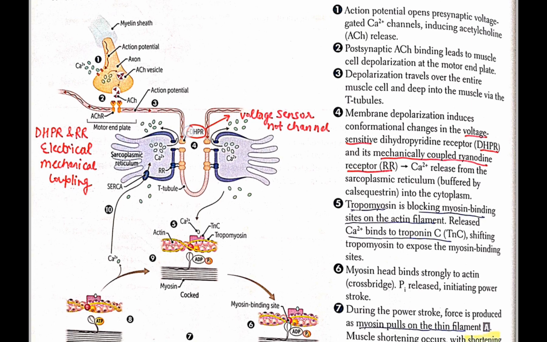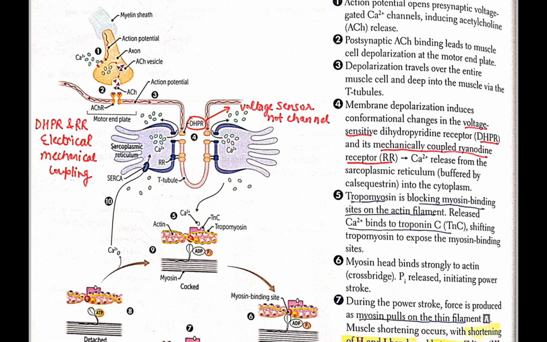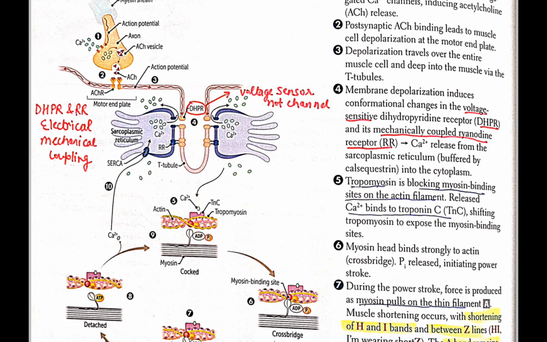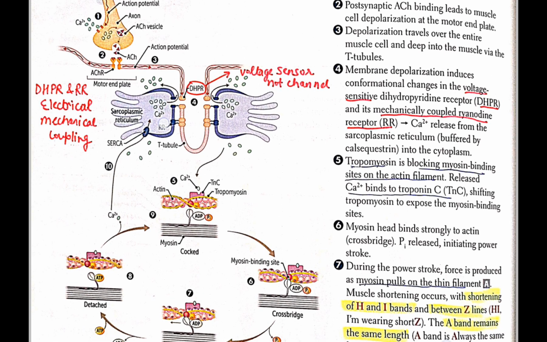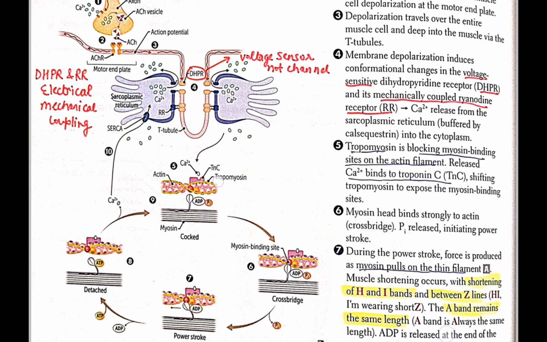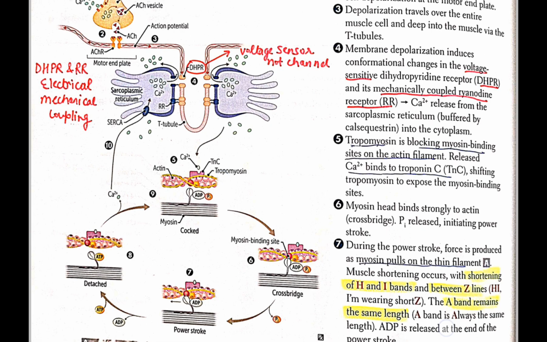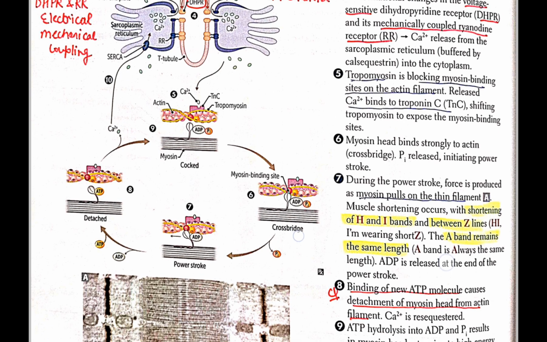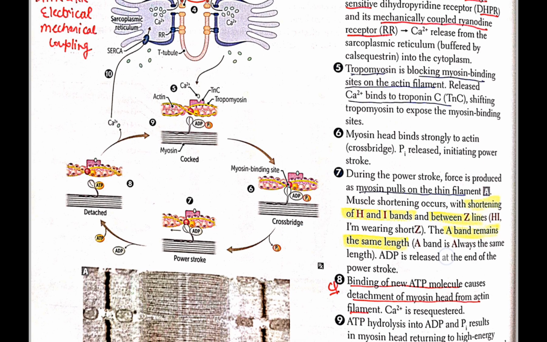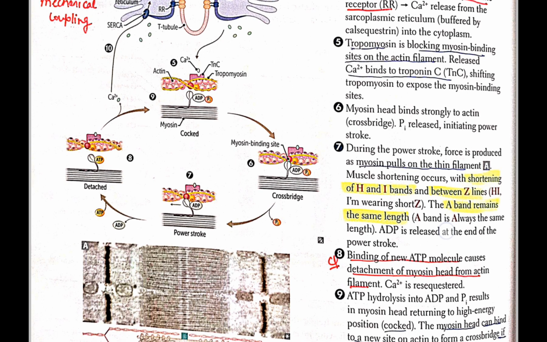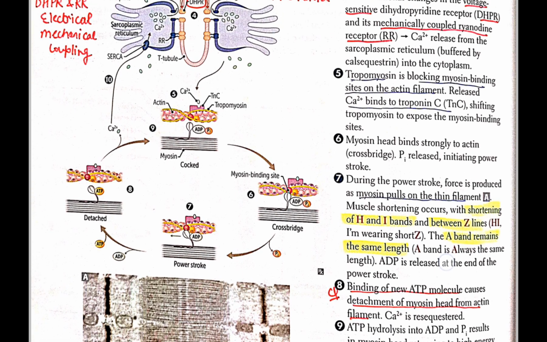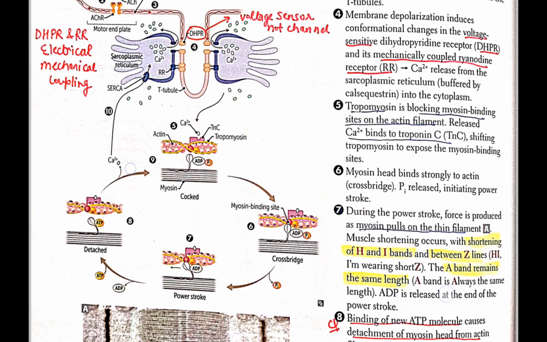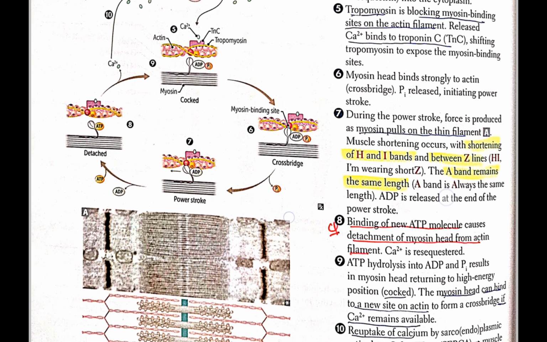Then the action potential travels to the T tubules, dihydropyridine, ryanodine. Ryanodine causes release of calcium from the sarcoplasmic reticulum. Calcium binds to troponin C. Troponin C causes detachment of tropomyosin. Myosin binds to actin, myosin actin cross bridge formation. Then after cross bridge formation, the power stroke happens and the myosin head detaches when ATP attaches, and the muscle relaxes when the calcium returns to the sarcoplasmic reticulum.